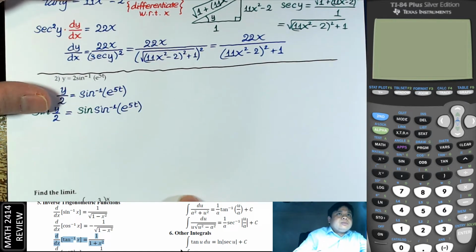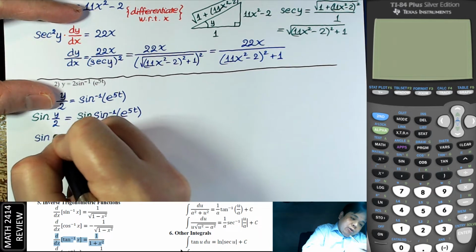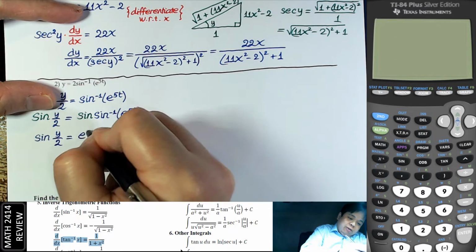So that gives us sine of y over 2 is equal to e to the 5t.